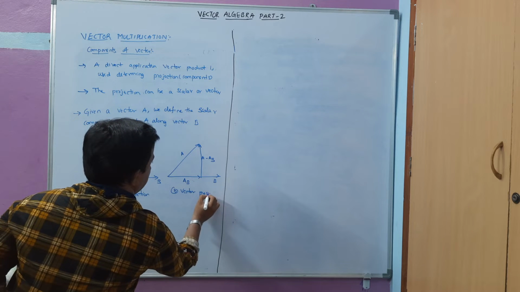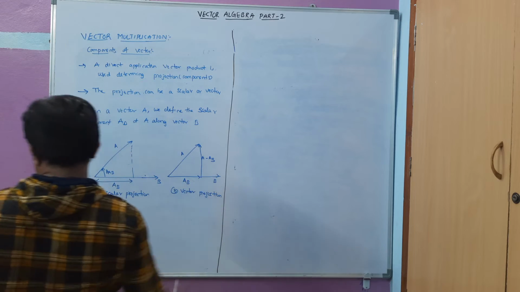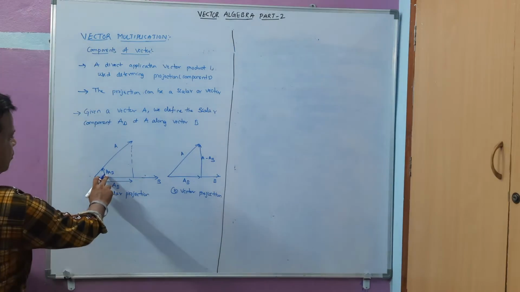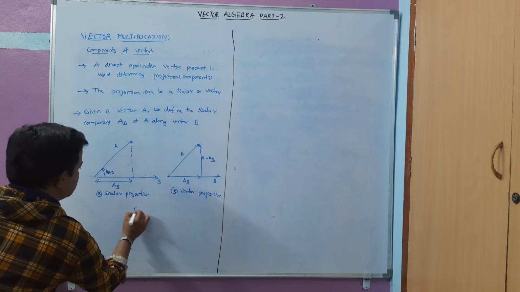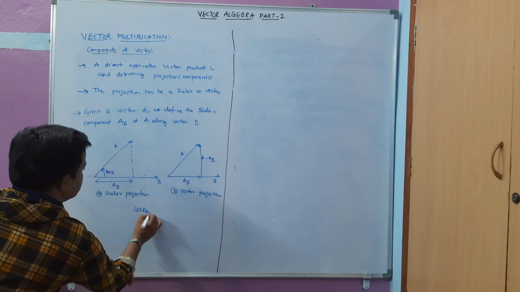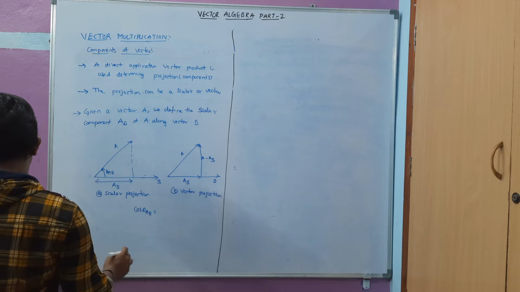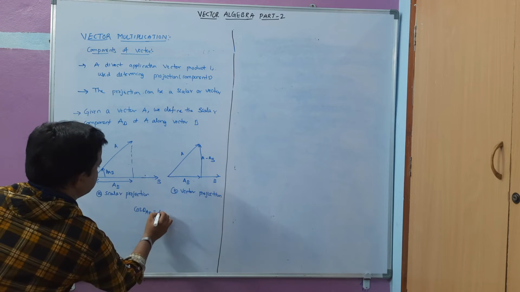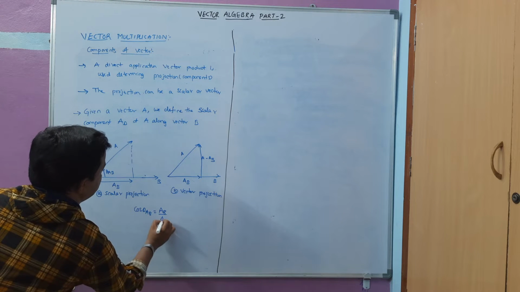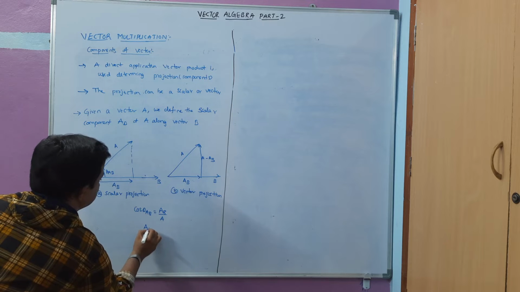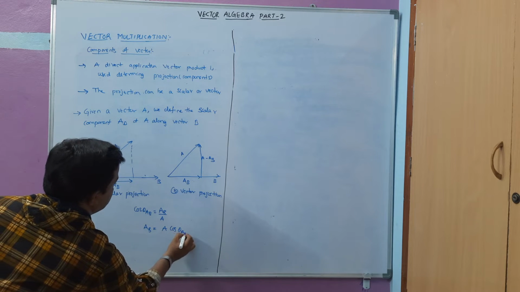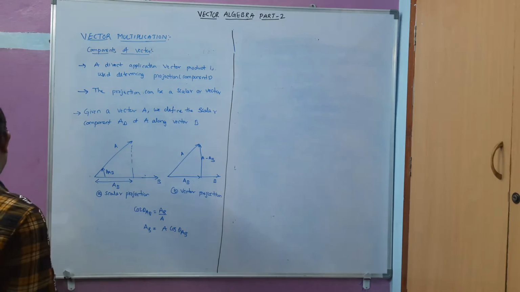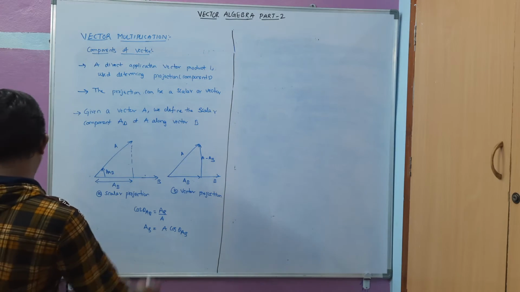So first I will explain about this scalar projection. In scalar projection, what is the cos theta of AB, cosine angle of this one, that is cos theta of AB is given by AB by A. Okay, AB by A. So I can write here AB as A cos theta of AB.